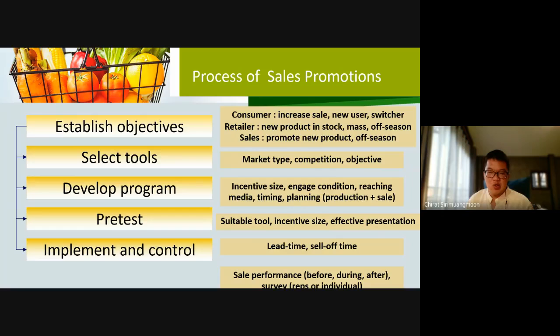Next one, implement and control. Make sure that you're concerned about lead time, or the time that you send the sales promotion to the audience. How long did they take to receive the message? Sales time means the time that you set for this promotion. Like, I'm a big fan of a coffee brand.